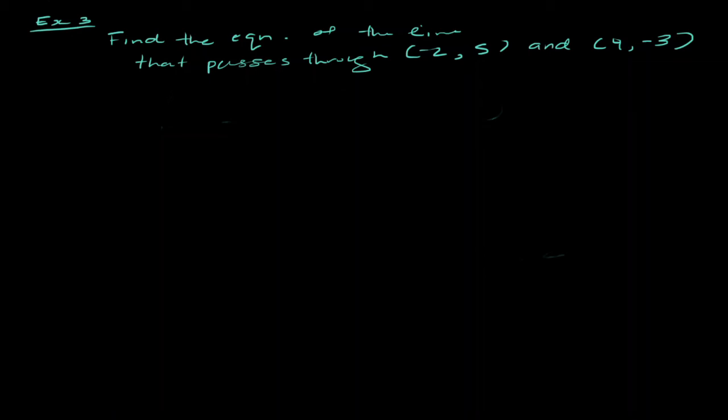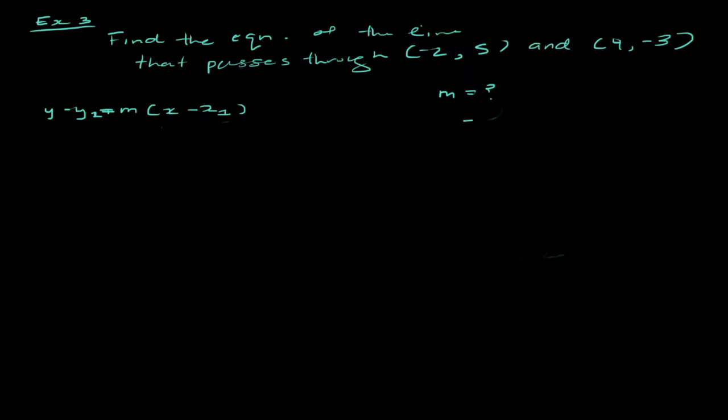Well, we can use the point slope formula: y minus y1 is equal to m times (x minus x1). And we have 2 points, but unlike the other times, we don't know what the slope is. That's not hard to find. We have 2 points, so we can just take the slope between those 2 points.